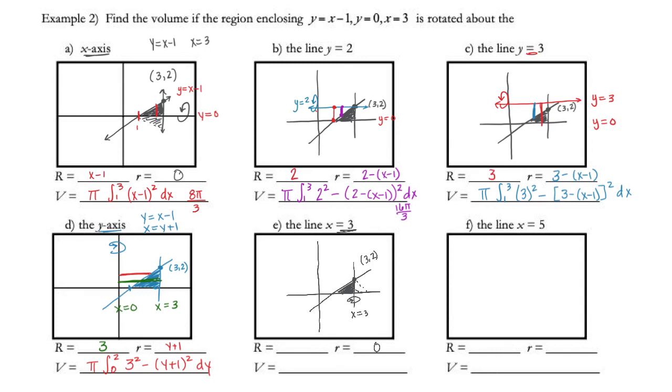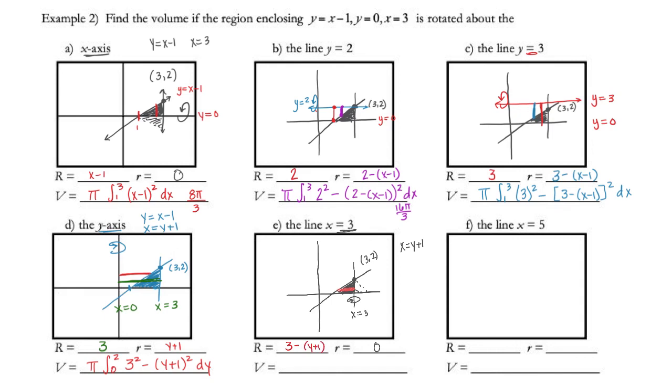And so let's see, our big R, again, we need to change this though. We need to do the x equals y plus 1. And so the big R that we need is just going to be from here to here. So we're going to have from our axis of rotation to our function. So from right to left, that's going to be 3 minus y plus 1.